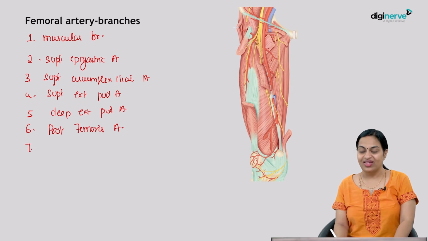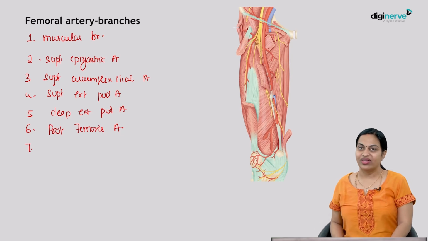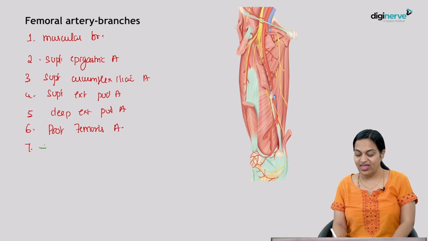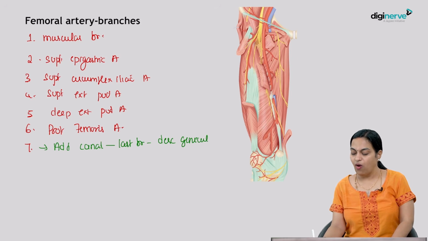Not related to the femoral triangle. In the adductor canal, it gives off its last branch, the descending genicular branch of the femoral artery.